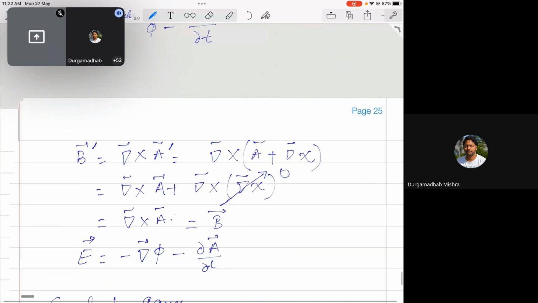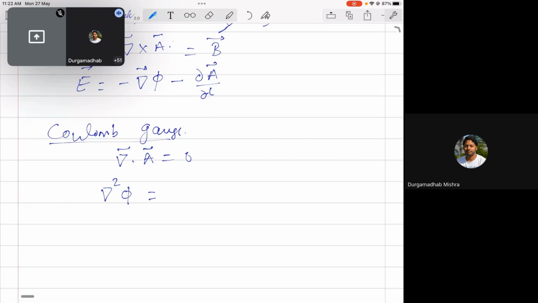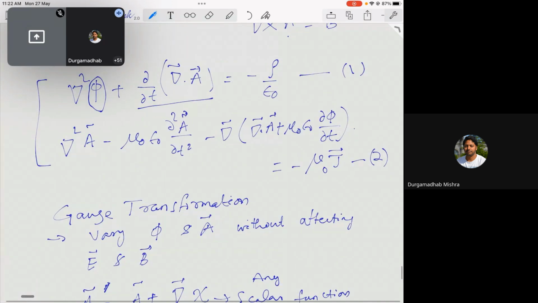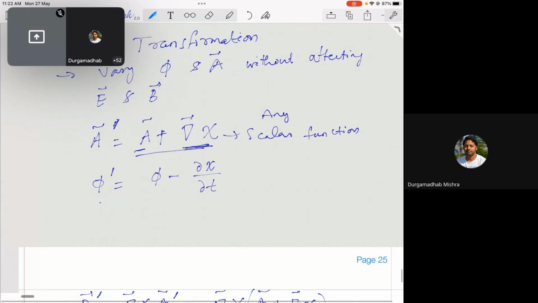So I have del square phi equal to minus rho by epsilon naught. And in the second equation, if I put del dot A as 0, this term will be 0, and the rest of the terms will still be there.